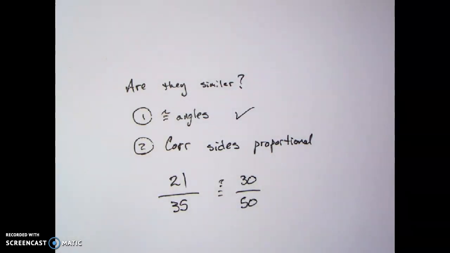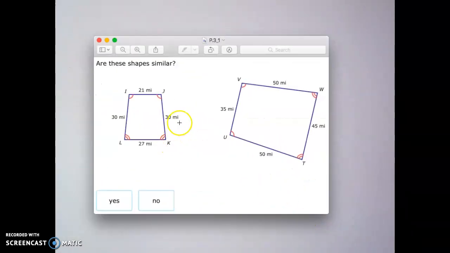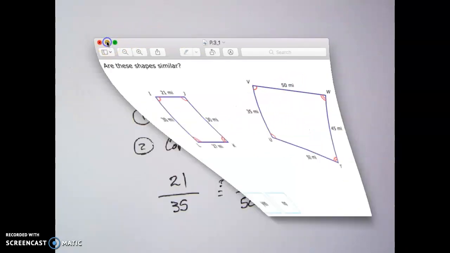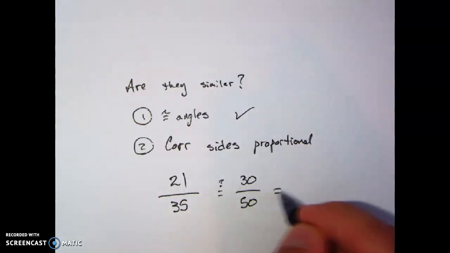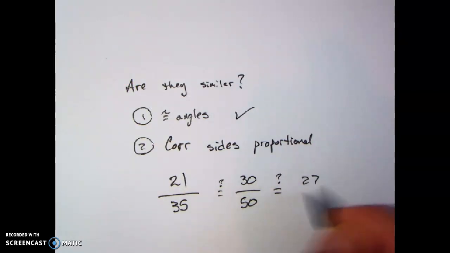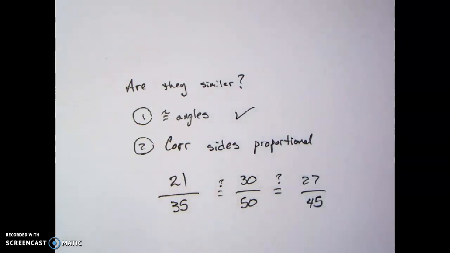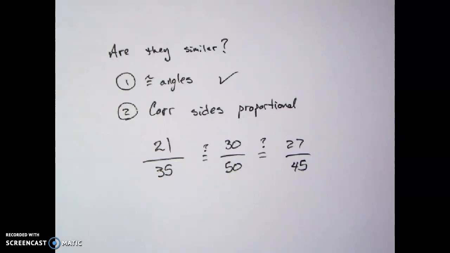Those were two of the corresponding sides. And the other is 27 and 45. So what we're trying to find out is, are all these sides proportional to each other?